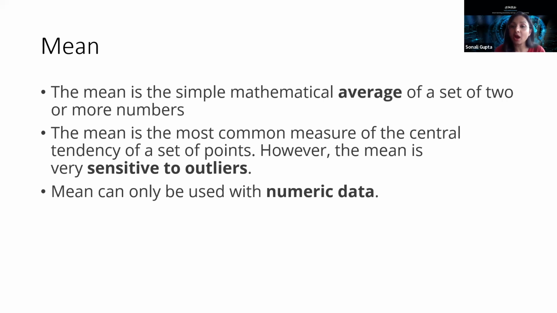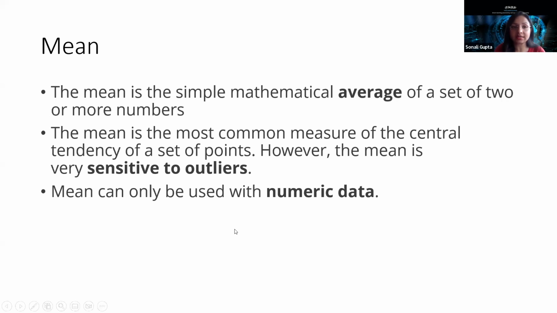And what does that mean? It means the mean is very sensitive to outliers. Include unmatched rows. Okay, so this is something that was given by Bucci. And then again, mean can only be used with numeric data. Right? So these are some of the attributes of mean.